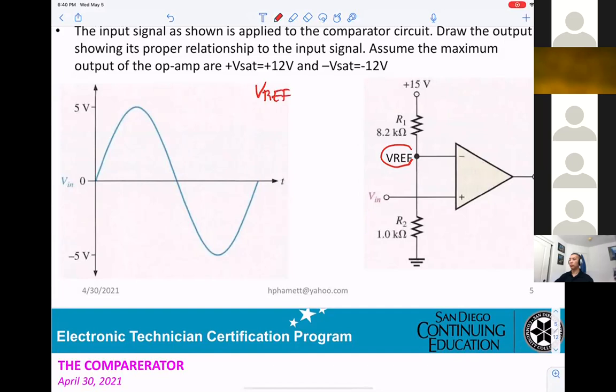Voltage divider, right? 15 volt times 1K, divided by 1 plus 8.2. So you get 1.6, or what? 1.63. Okay, so basically you can get 1.6 right here, for example.